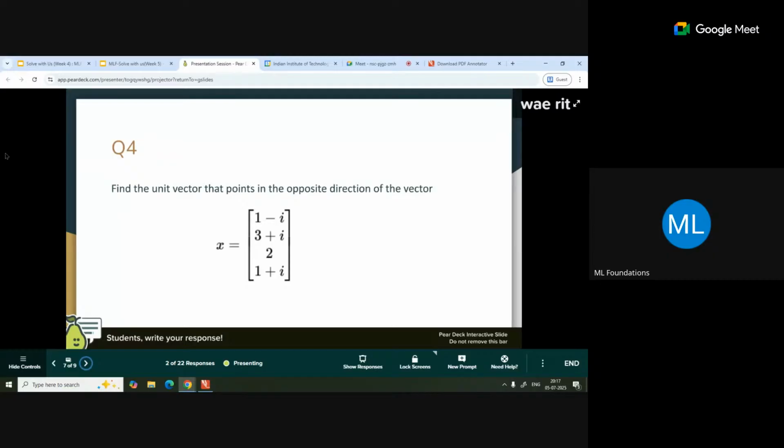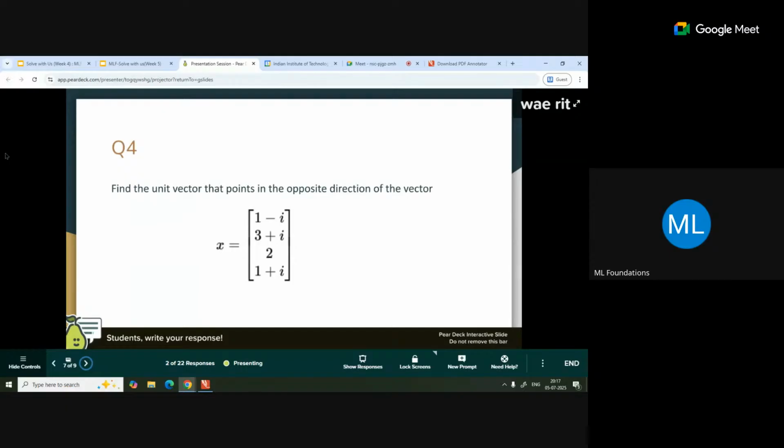The unit vector for any x is x divided by its norm, its length. So two things you have to do here: first find the negation of this vector x, then find its length and divide by that length.